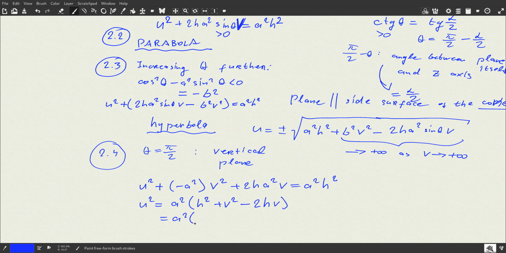But what if the plane does not intersect the z-axis at all? So the plane is parallel to the z-axis, but it would still eventually at some point intersect the cone. Is it possible? Yes, it is very much possible.